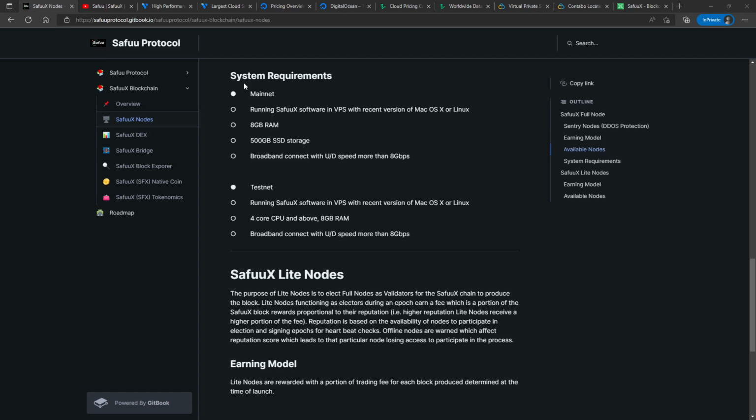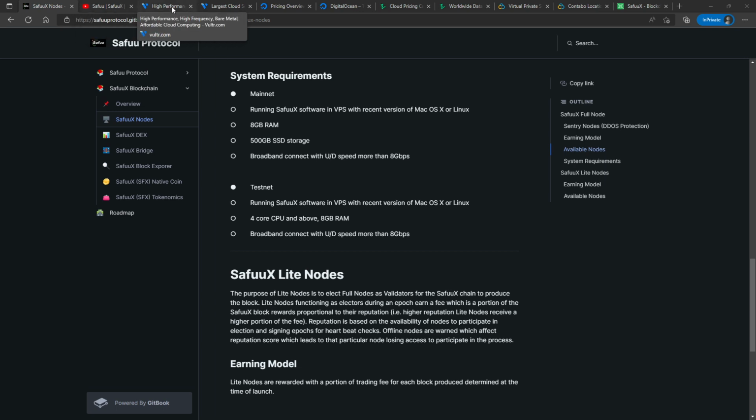From what I've been listening to from Brian, we should probably look at AWS or Azure, but technically we should still be able to run the nodes on any provider. Unless the SafuuX team, devs, Brian, or extended team come along and say no, I don't see why we couldn't pick any provider.